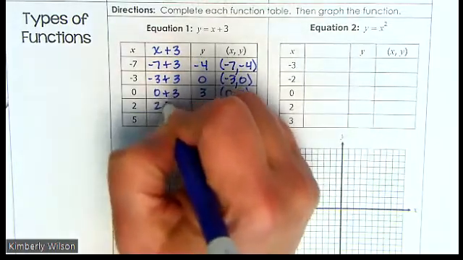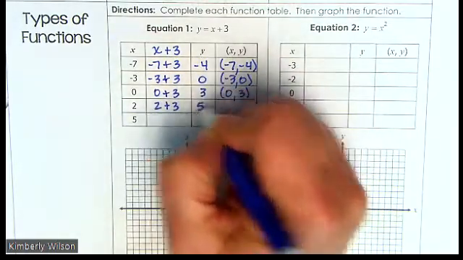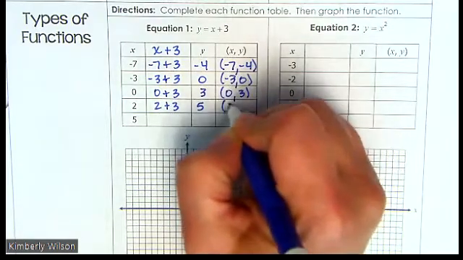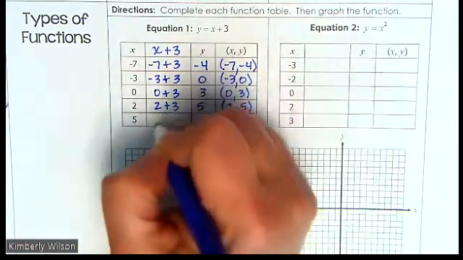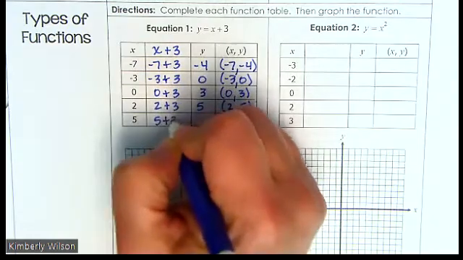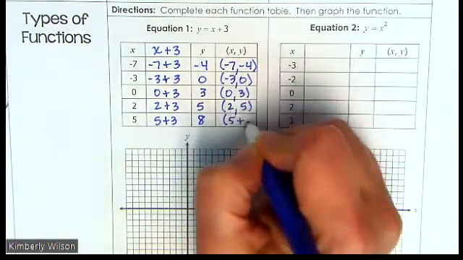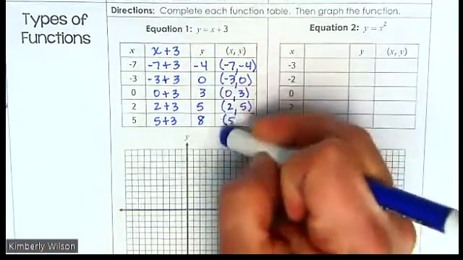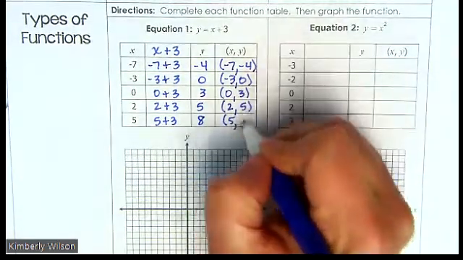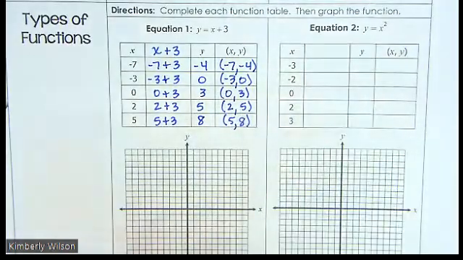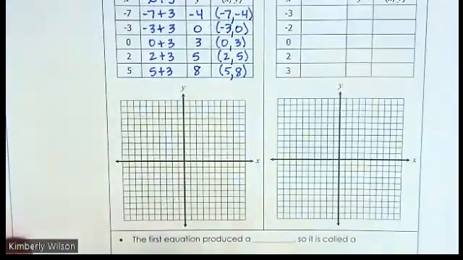Then we have 2 plus 3, which is 5, which gives me 2, 5. 5 plus 3 is 8. So that gives me 5, 8. And now we plot those points and see the graph that is made.